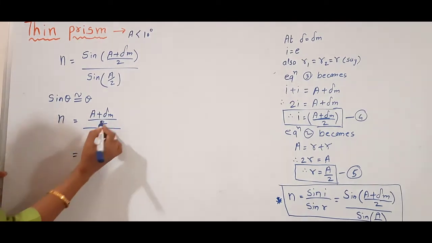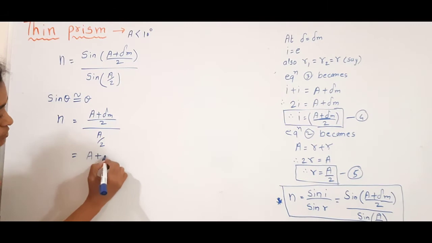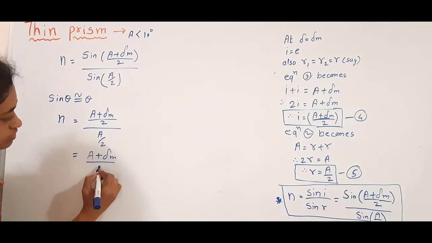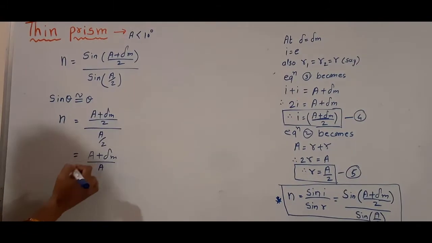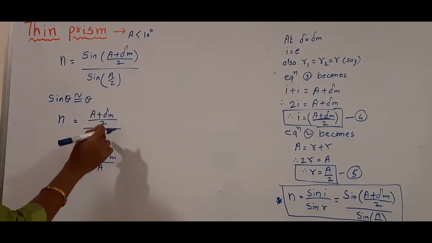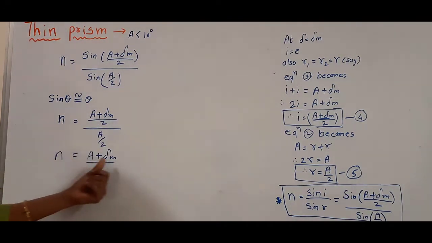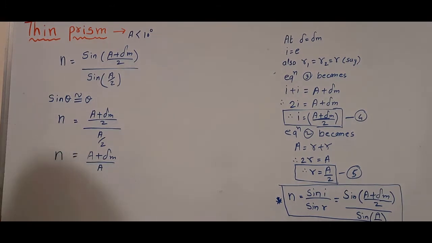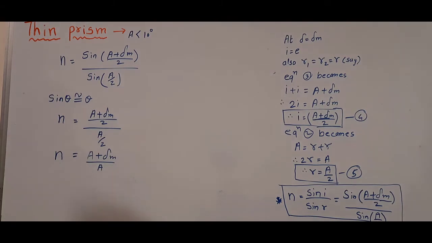Next step, A plus delta m divided by A. The 2 in the numerator and denominator will get cancelled. n is equal to A plus delta m upon A. Rearranging this equation, we will find the deviation for the thin prism.